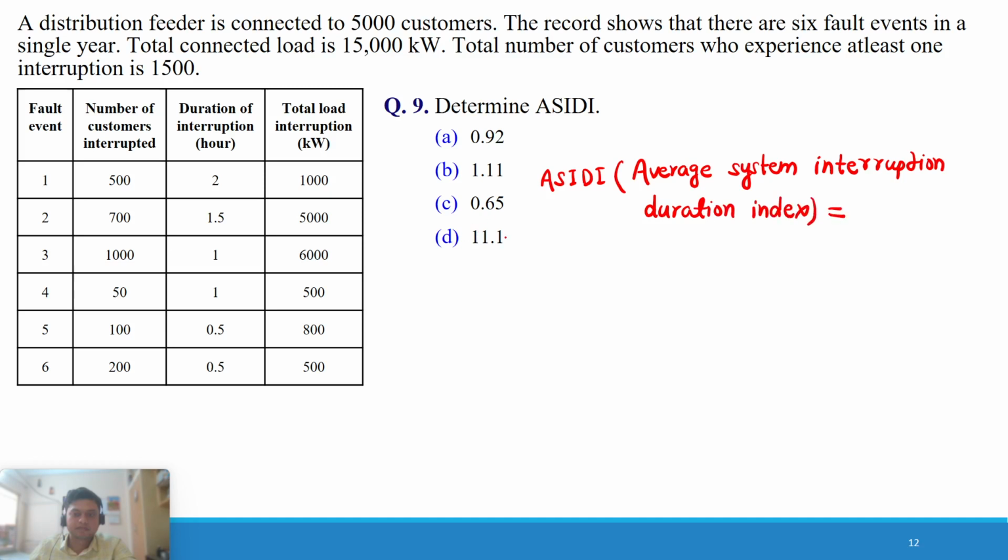It is the ratio of total energy not supplied divided by total connected load.